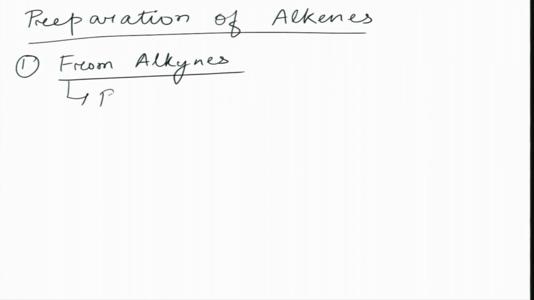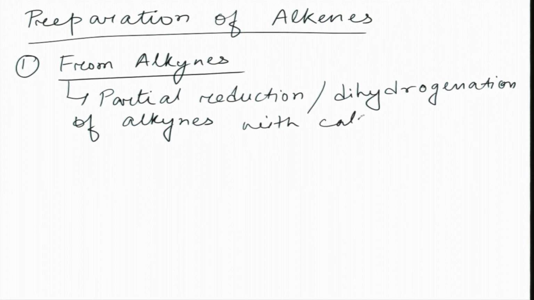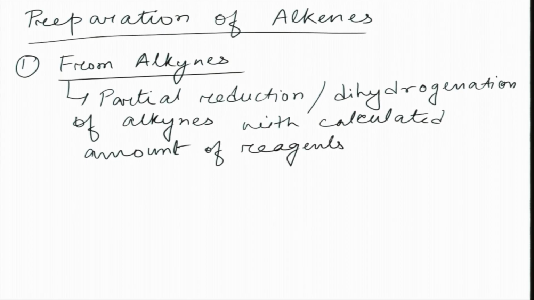Alkenes are formed by partial reduction or partial dihydrogenation of alkynes with a calculated amount of reagents.